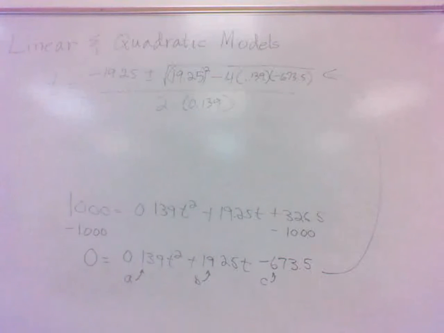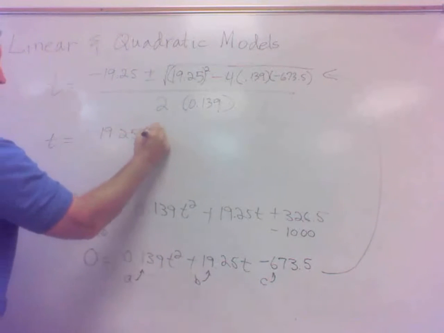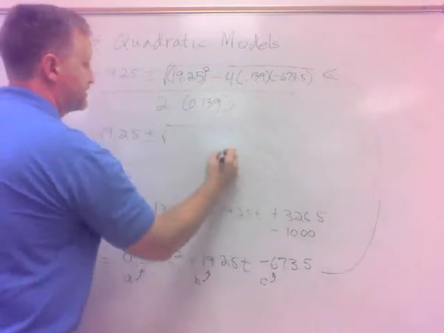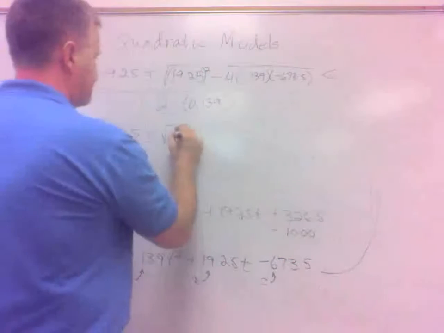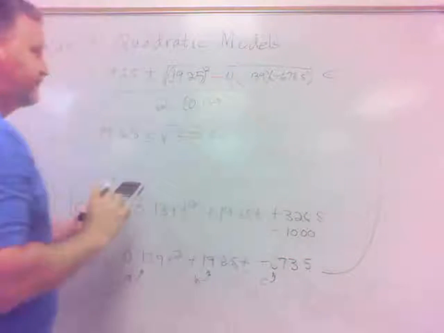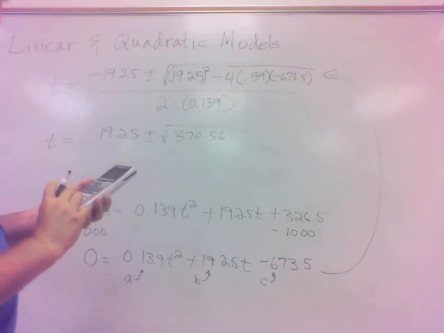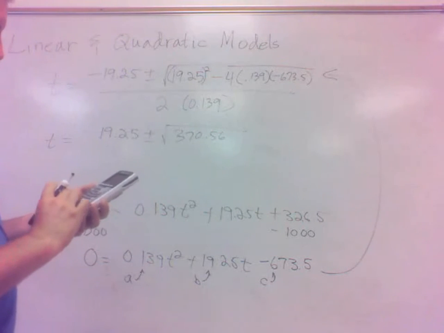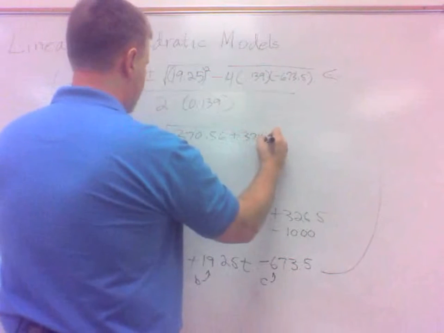Okay. All right. So yeah, the numbers aren't totally nice, but you can work them out. So it'll be negative 19.25 plus or minus the square root of 19.25 squared, which is roundabout 370.56. And then minus 4 times 0.139 times negative 673.5. That gives me positive 374.466.